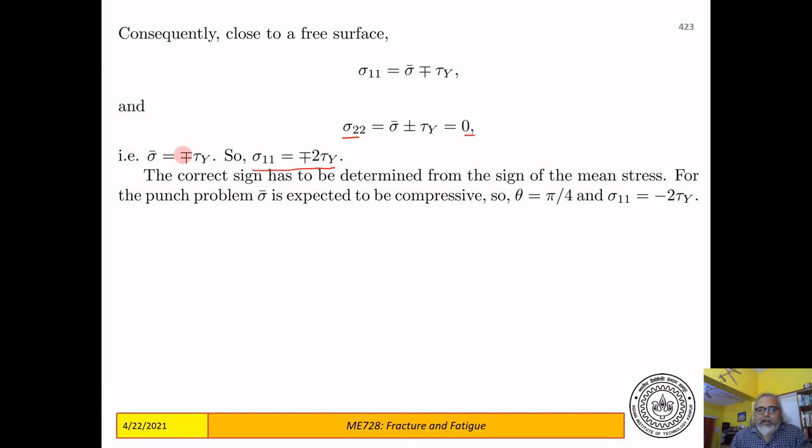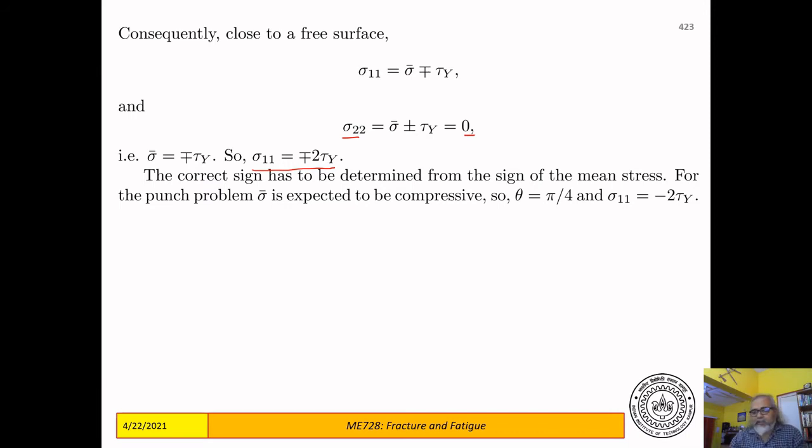Therefore, I'm taking the upper sign, and that corresponds to phi equal to pi by 4. Sigma 1 1 in that case will be equal to minus 2 tau y, because I have been able to deduce that sigma bar is equal to minus tau y.